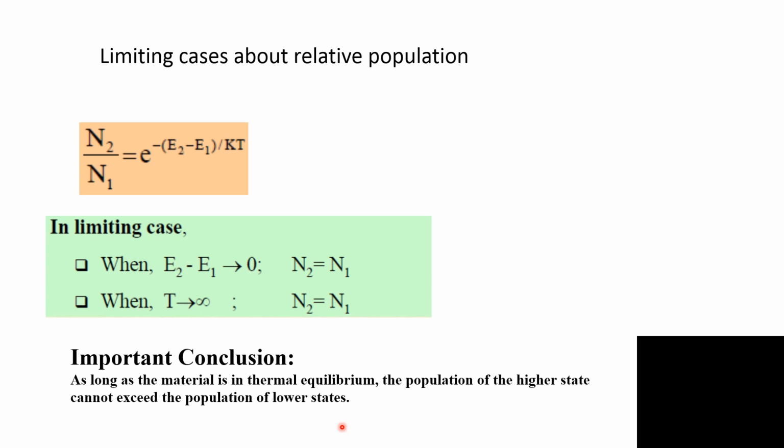I think we will talk about it in our second lecture, but right now it's important to know that at thermal equilibrium we can't get a higher population at the upper energy level. At thermal equilibrium, the ground state always has the most population, and as the energy level increases, the population decreases.